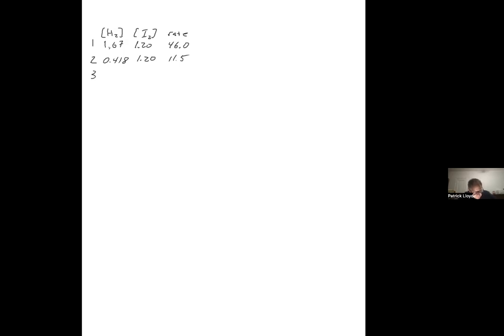So here's what we'll do. I'm going to say that the rate of the reaction is the rate constant times the concentration of H2 to a variable exponent, x. Sometimes it's an M, as in Michael. Sometimes it's an X. And then I'm going to put the concentration of I2 next to it.